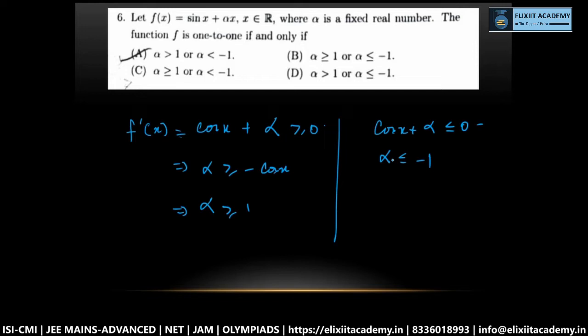So if you rewrite this, when alpha is less than or equals to minus cos x, this is less than or equals to minus 1. Right? Okay. So basically your B option should be correct.